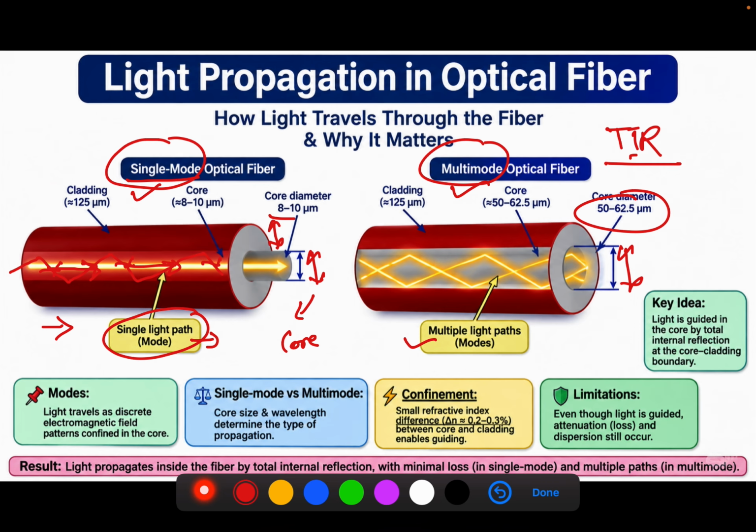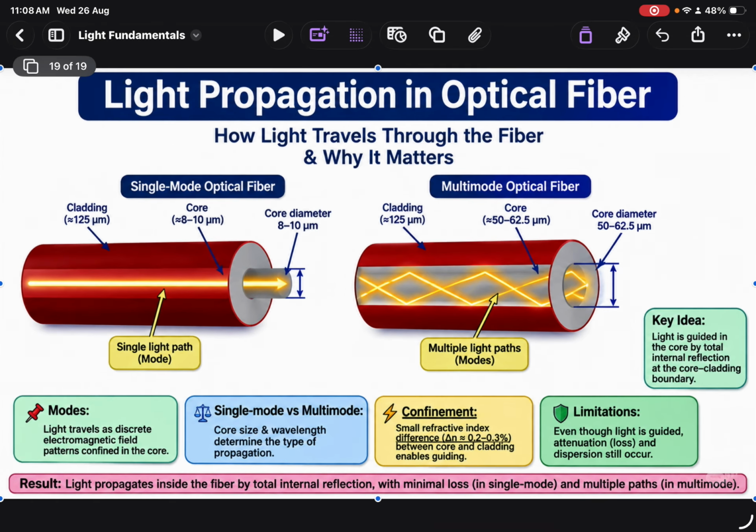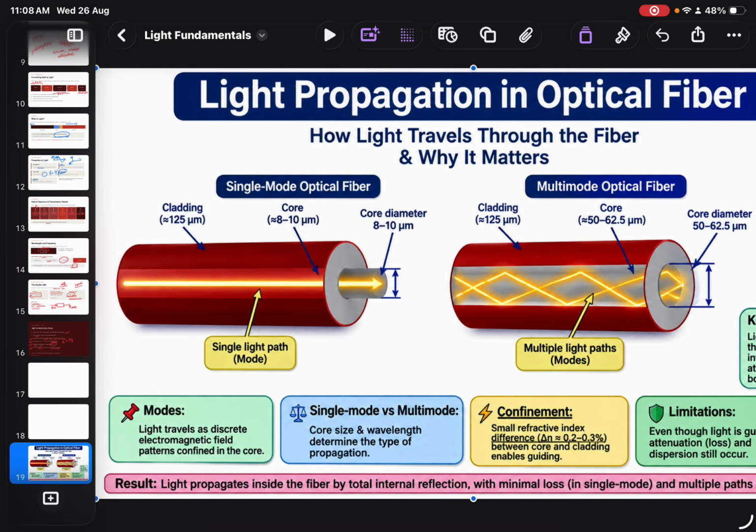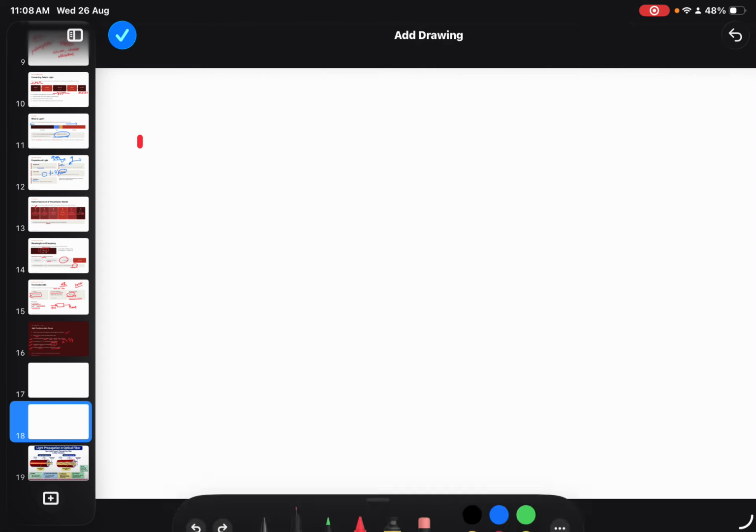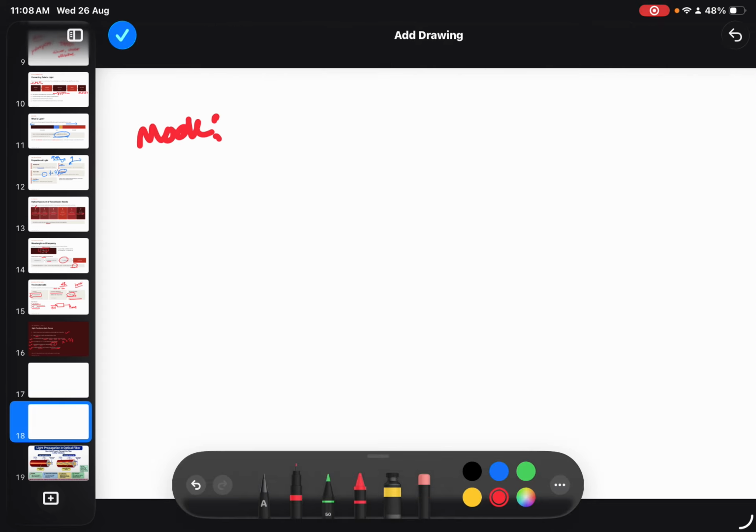To define what a mode is, let me take another slide. A mode is nothing but a discrete electromagnetic pattern that is confined within the core.